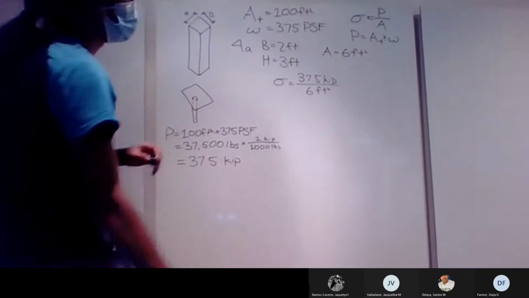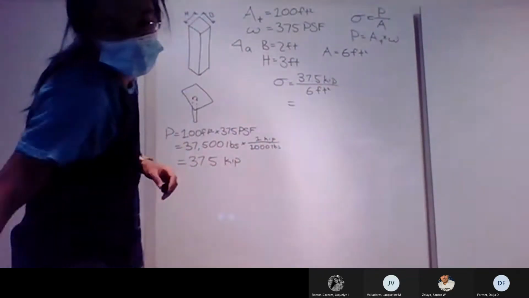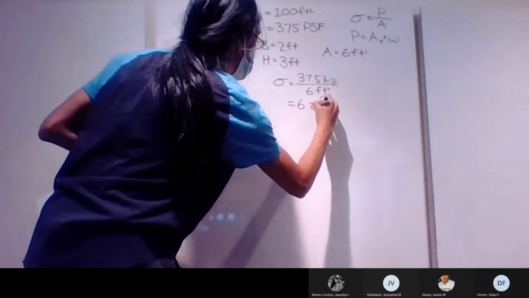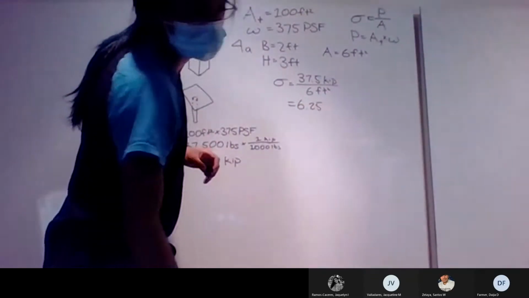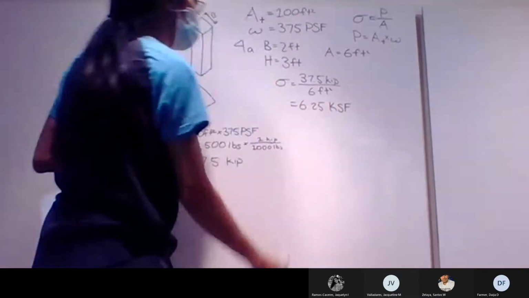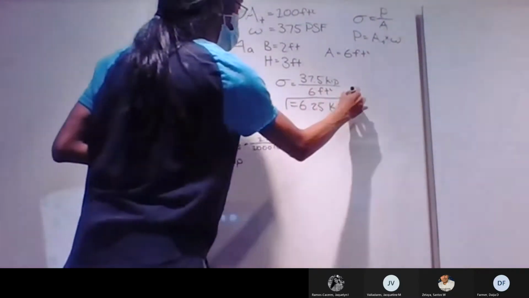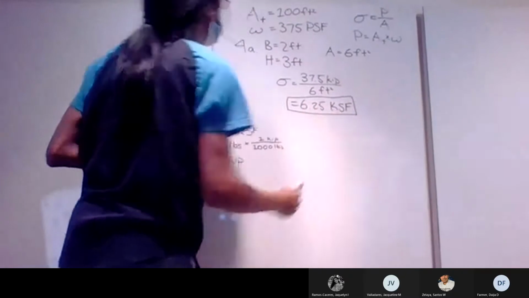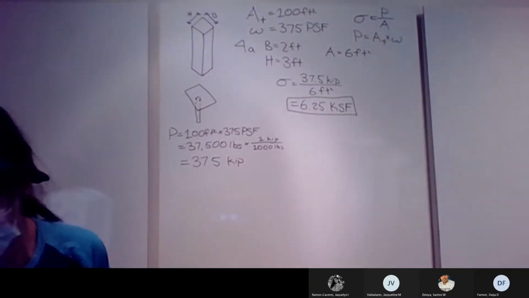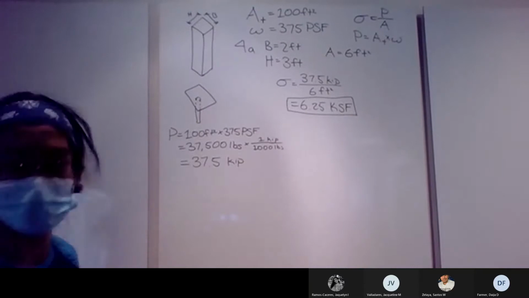Plug that into your calculator, and you get 6.25 KSF, kips per square foot. So that is the stress for 4A. Questions?